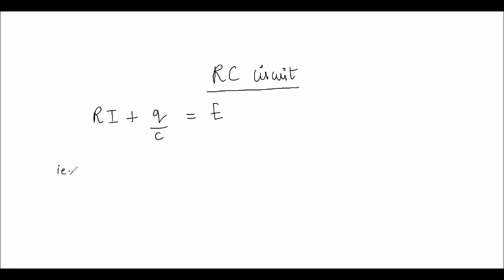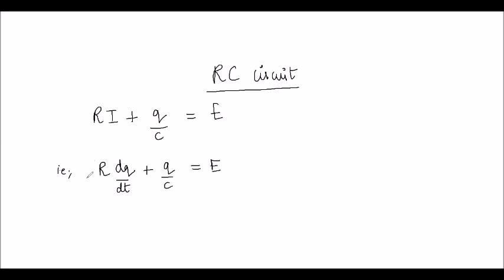That is, R dq by dt plus Q by C equal to E.